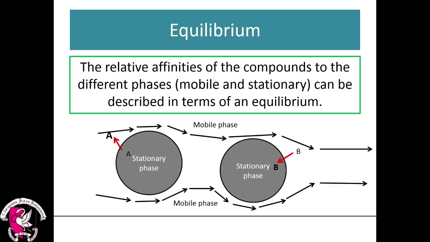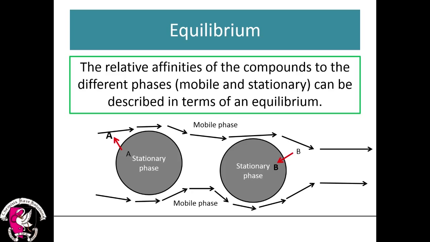And the opposite is true for compound B. That has a higher affinity for the stationary phase, which basically means that the position of equilibrium for B is in the stationary phase, which means that there are more of the B compound particles attached to the stationary phase than there are to the mobile phase.